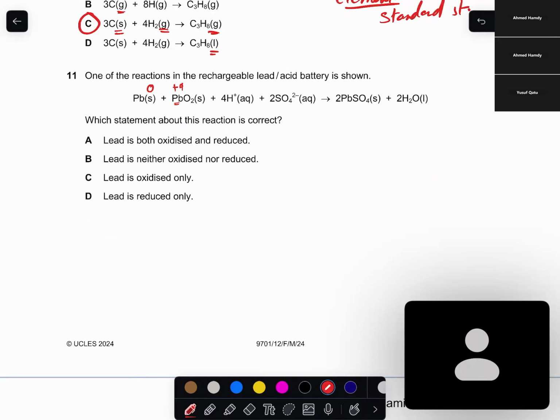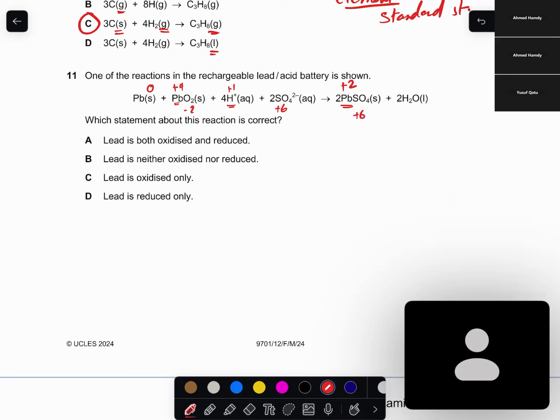Here the oxidation state of lead is +2 because sulfate is -2. Here the oxidation state of hydrogen is +1, oxygen -2, sulfur here is +6.